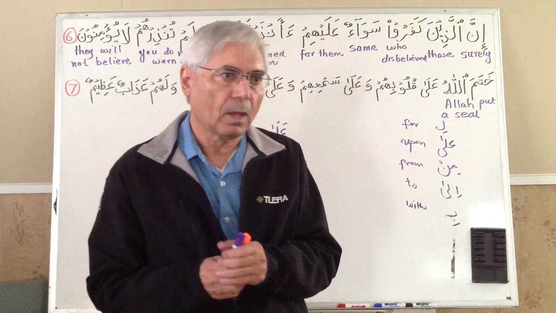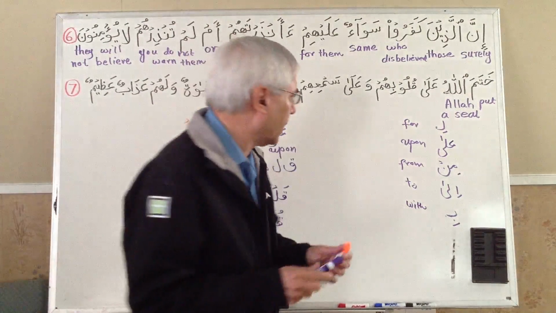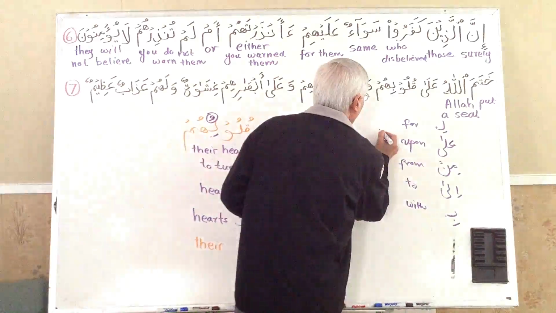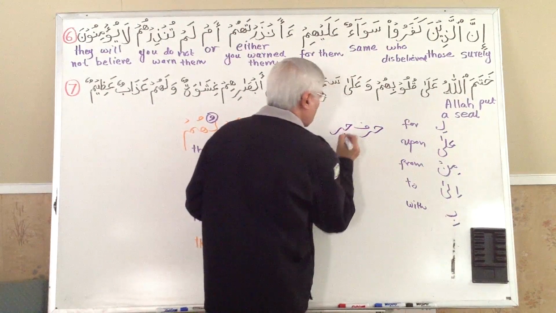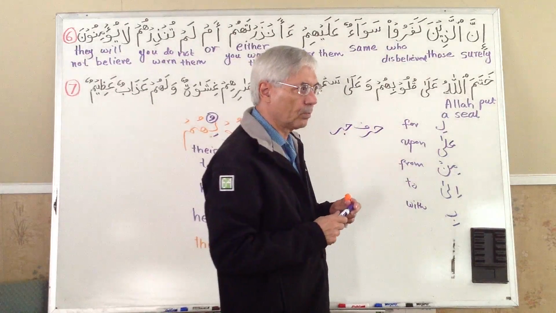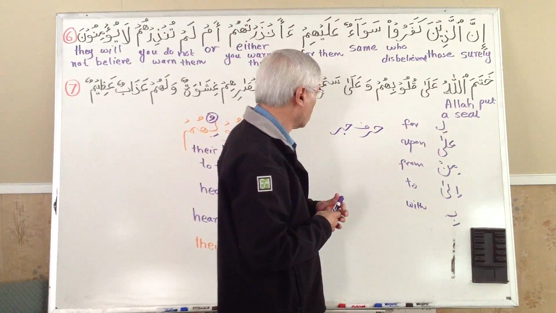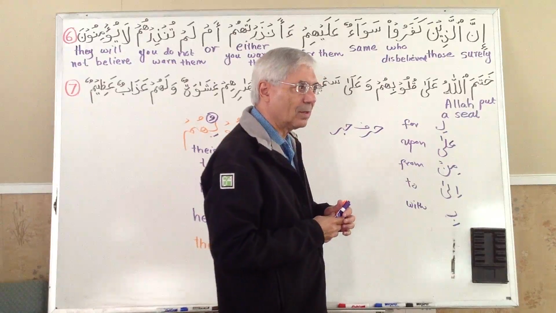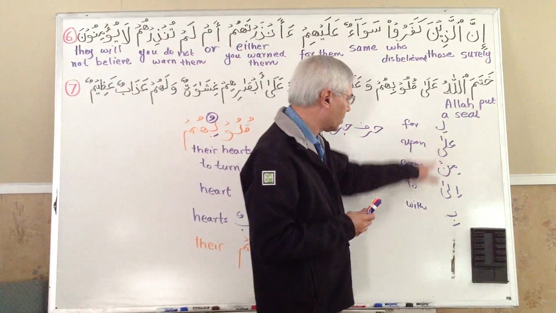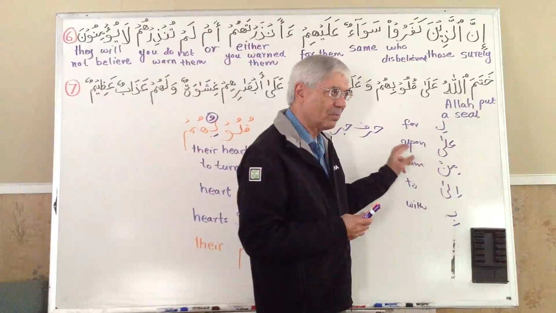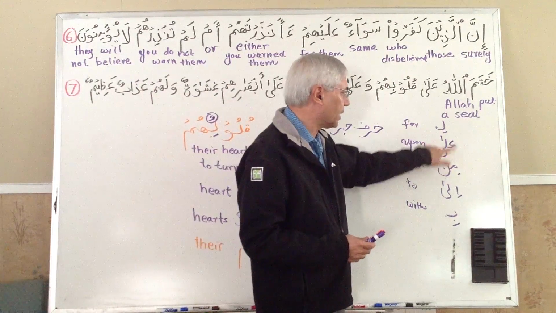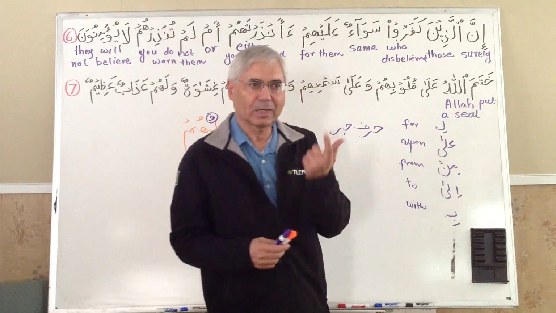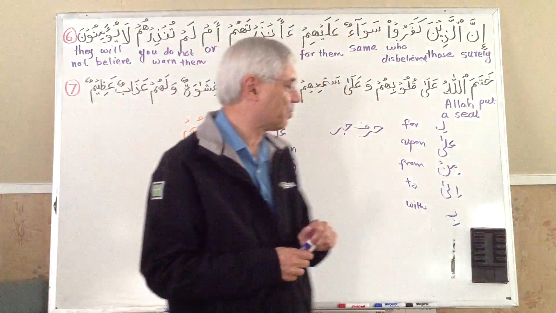And in Arabic they are called harf jar. But harf means letter, isn't it? So that's why I'm confused. When you say harf, I think of one letter, not multiple letters. Right, but these are actually multiple letters, but they're called harf jar.